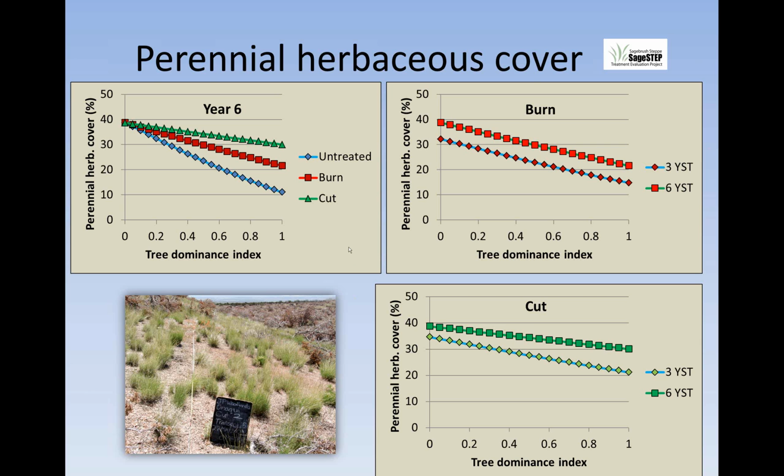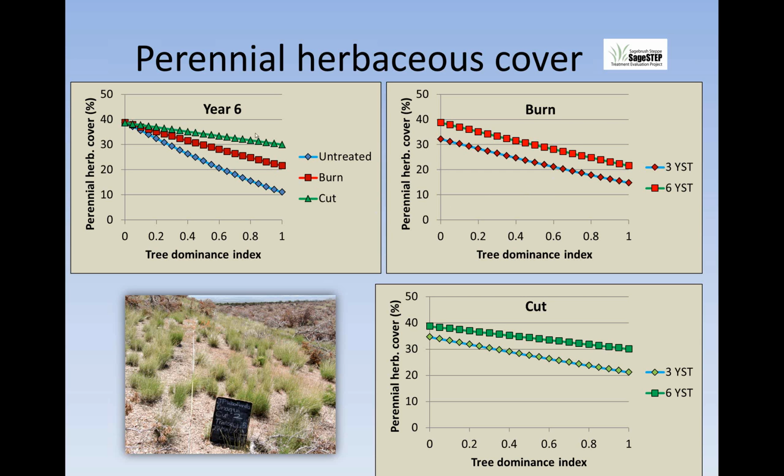Looking at perennial herbaceous cover, what happened after 3 years is the perennial herbaceous cover was about similar on the control and the burn, and it still is similar 6 years later. It looks like it's increasing relative to the control, but statistically it's not different, even though it has increased a few percentage points.